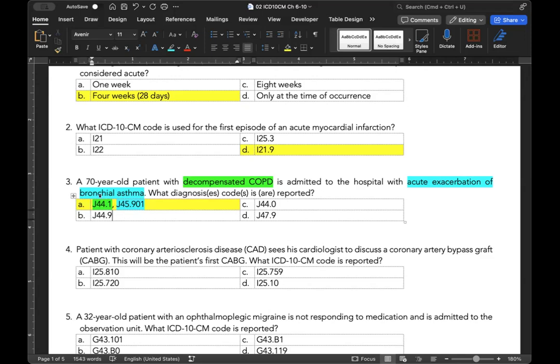So real world, we do still need to code our type of asthma that was indicated, and that J44.1 does not include both COPD and asthma, even though it's underneath the asthma main term. The J44.1 is still just the COPD with the exacerbation.